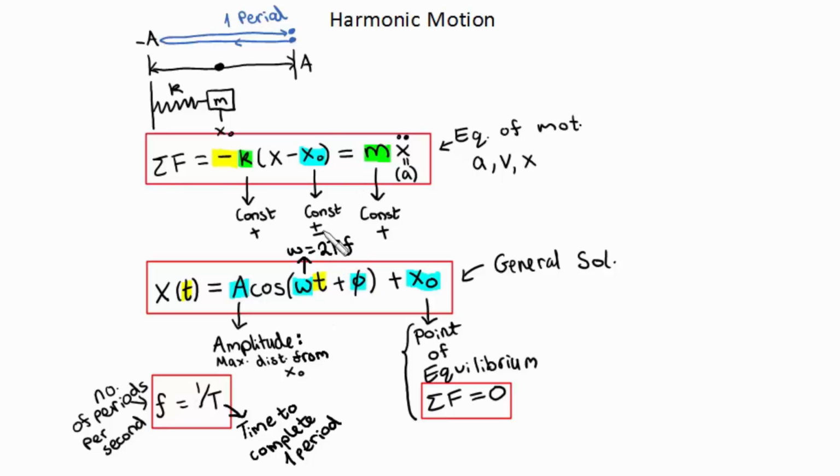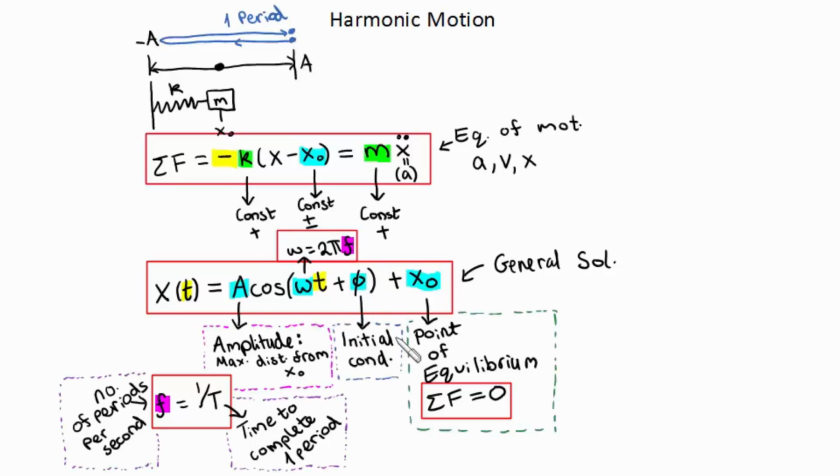So this is frequency in radians. I've highlighted this f over here so that you can connect it to what is over here. Now the next thing that we have is our phi, and it has something to do with our initial conditions, where our system starts its motion.